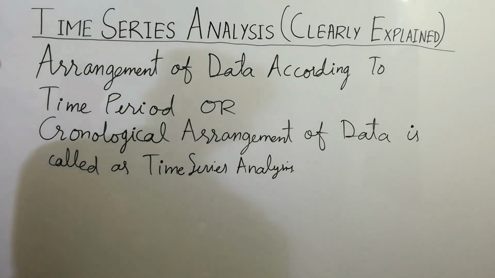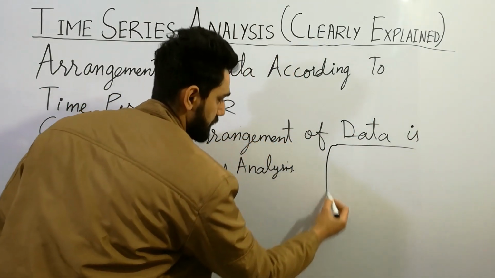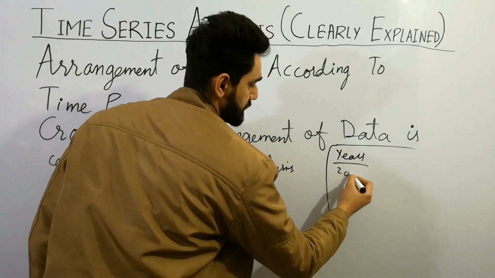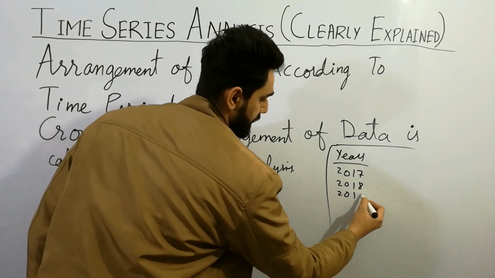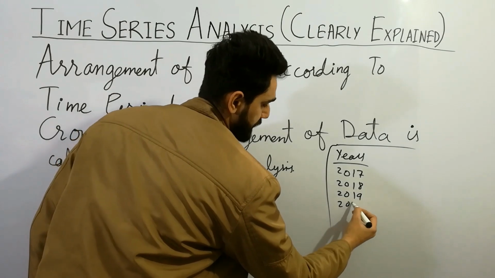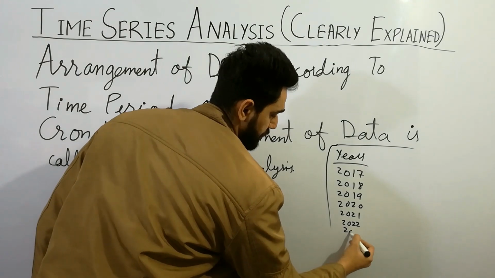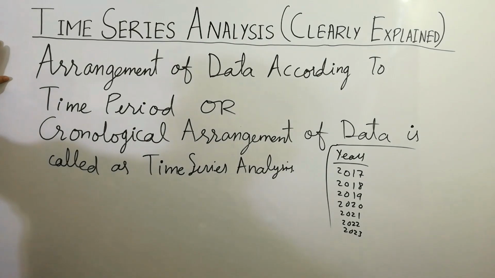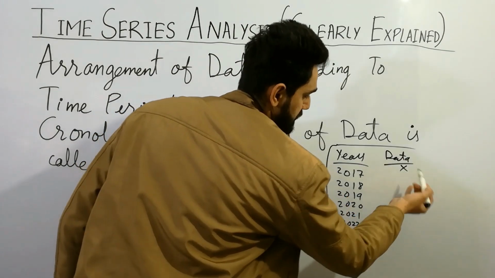For example, let's suppose we have the data, and we have given years: 2017, 2018, 2019, 2020, 2021, 2022, and 2023. Very simple definition: arrangement of data.